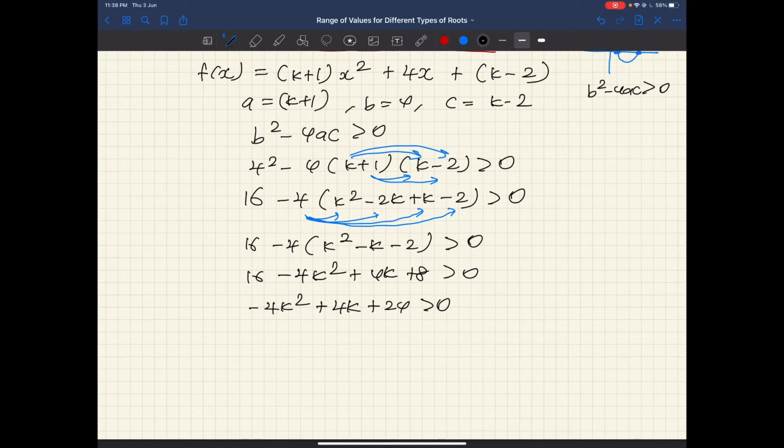So I'm just going to bring all the equation to the other side. What will happen here is everything is going to be 0 over here. Since I have brought my negative 4k square to the other side, it is going to be positive 4k square, and then you have negative 4k and then negative 24.